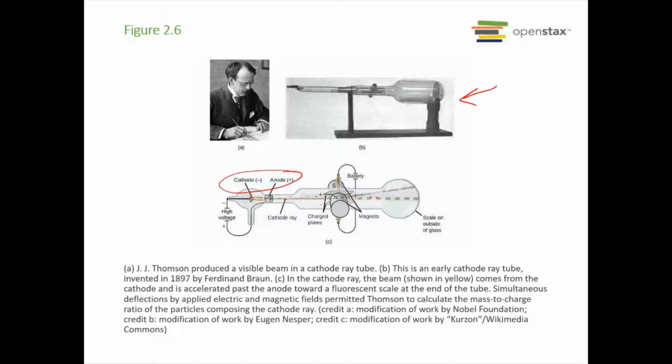And when it's exposed to a battery, with some magnets to give some charged plates, they would go away from the negative plate and towards the positive plate because they have a negative charge. So opposites attract, right? Negative goes with positive, but negative and negative can't go together. Just like with a magnet, if you try to put the same sides together, they repel each other.